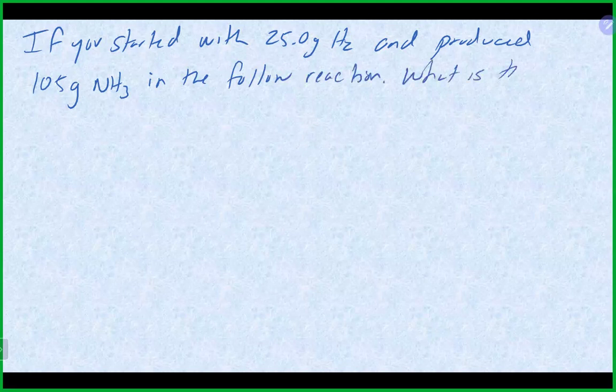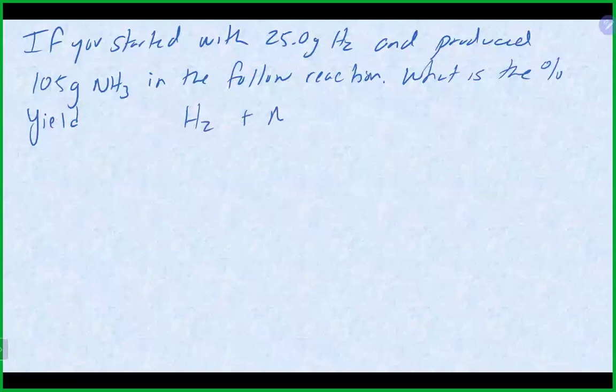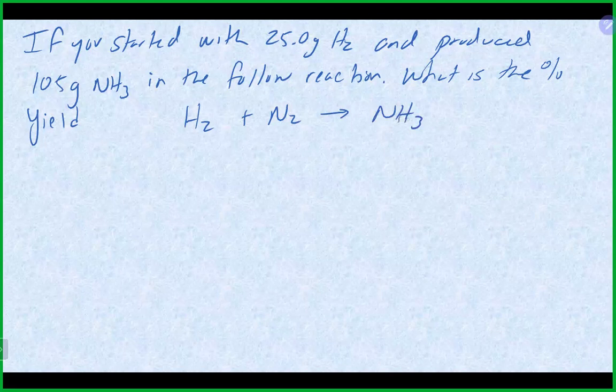What is the percent yield? And we'll do a little H2 plus N2 makes a little NH3 here. All right, so give it a go, see what you come up with.